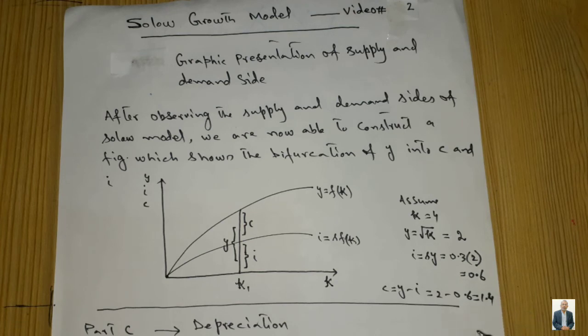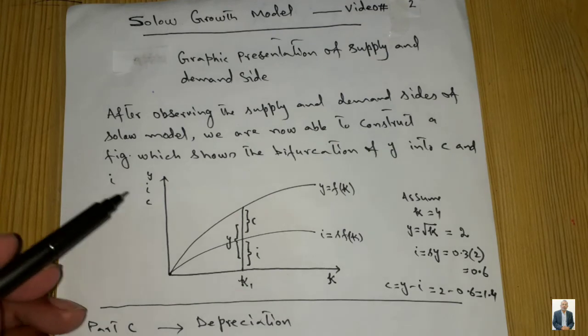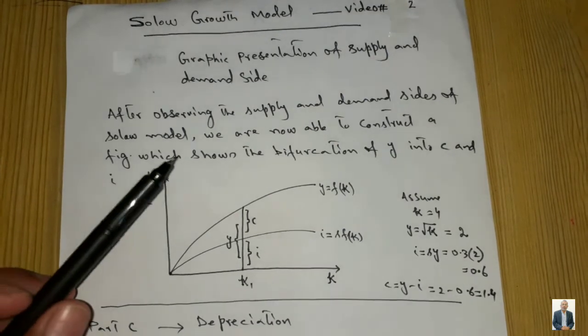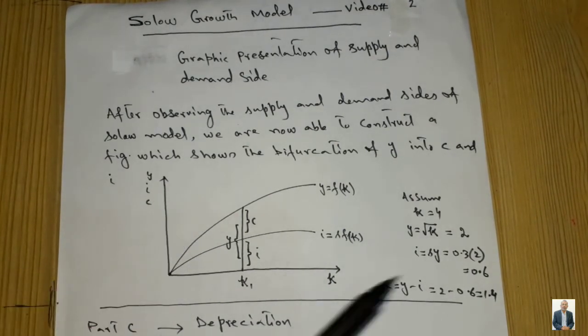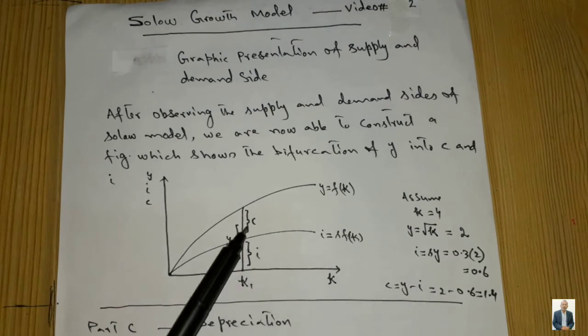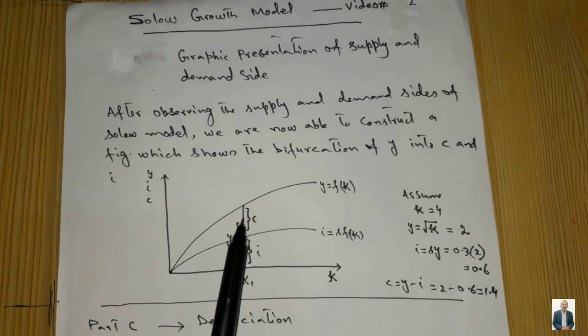So if we have $2 of income, of the $2 we are saving 0.6 and it is being invested, and the consumption level is 1.4. So this is the graphic presentation of the bifurcation of output per worker into consumption per worker and investment per worker. This is the famous basic equation, Y is equal to C plus I.